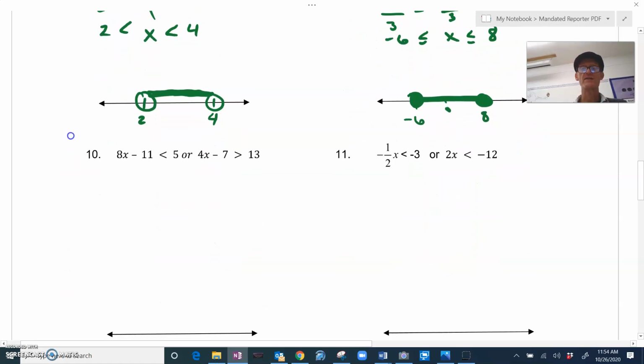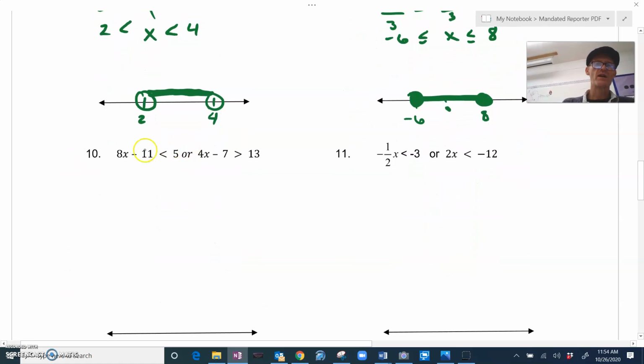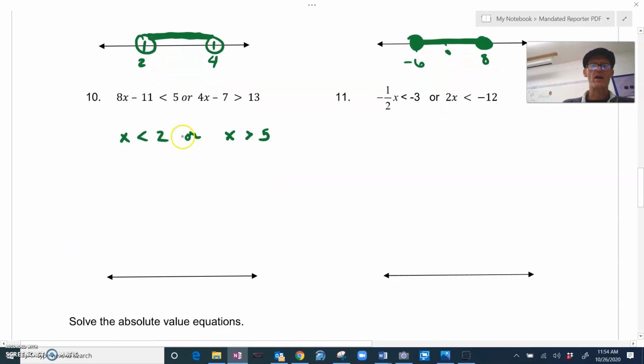Moving on to number 10. This is an or problem, so I will get x less than 2 or x greater than 5. And then an or problem is going to go out, so you're going to push it out.